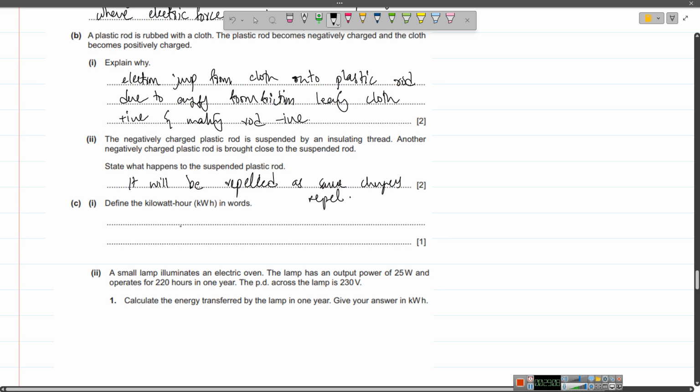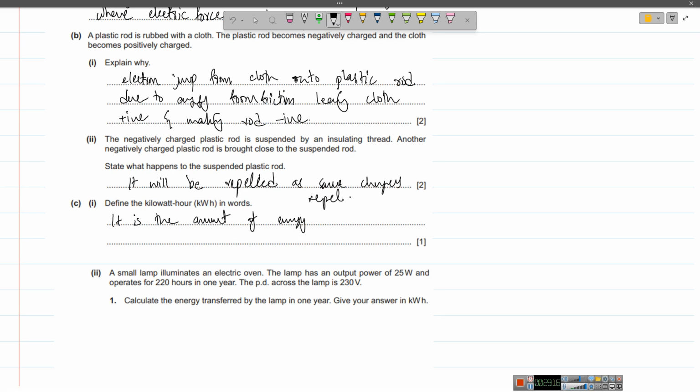Define the kilowatt hour in words. It is the amount of energy used, in terms of kilowatts of power over a number of hours.